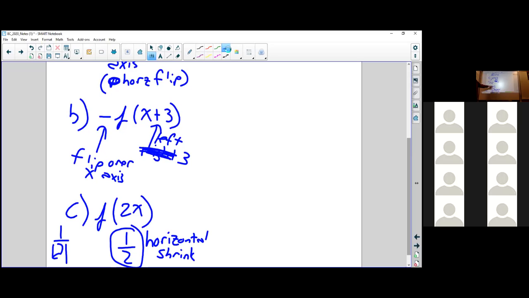If you had a fraction in here, it'd stretch it out. What the horizontal thing is doing is what's happening in the x direction, going right and left. If you had 2 points on our original, the starting point would stay here, but this point would move over to here because it would be at a half factor.